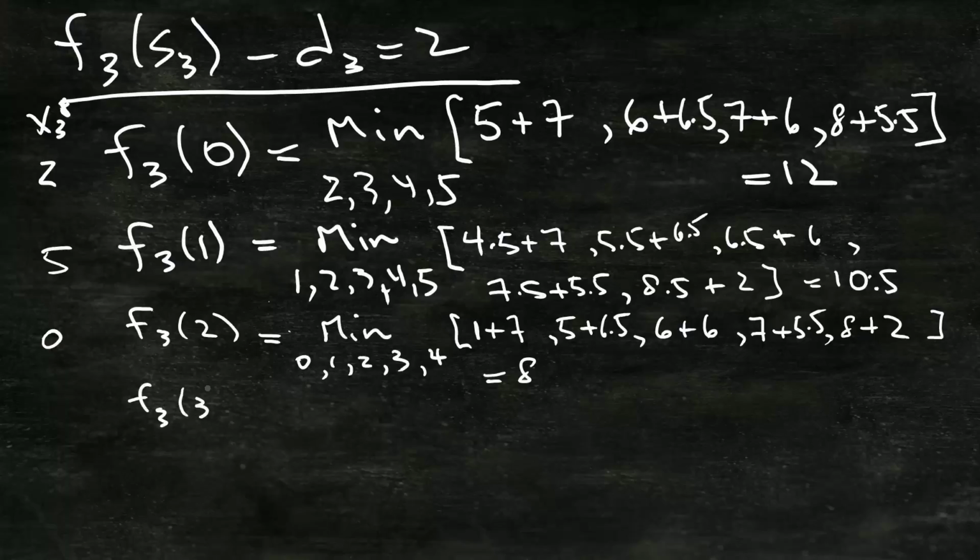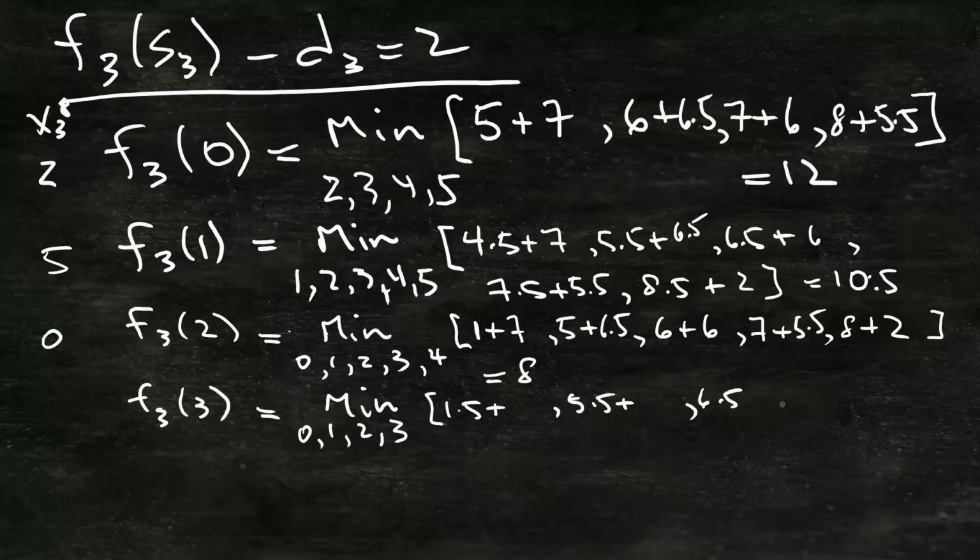If I have 3 in inventory, the min is over. I can produce 0 again. 1, 2, 3. I believe 6 minus 2 is 4. I cannot produce any more. And here, if I produce 0, I have to have 1.5 for the holding cost. If I produce 1, it'll be 4, 5.5 plus 6.5. So 0, 1, 2, 7.5.